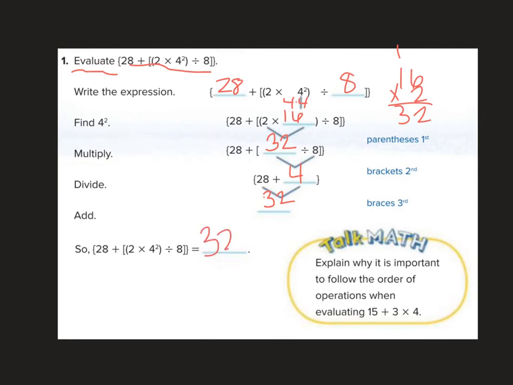So let's take a look at this. Explain why it's important to follow the order of operations when evaluating 15 plus 3 times 4. Okay, so if I follow order of operations, first I'm going to multiply, which is probably not what your natural instinct would have been.